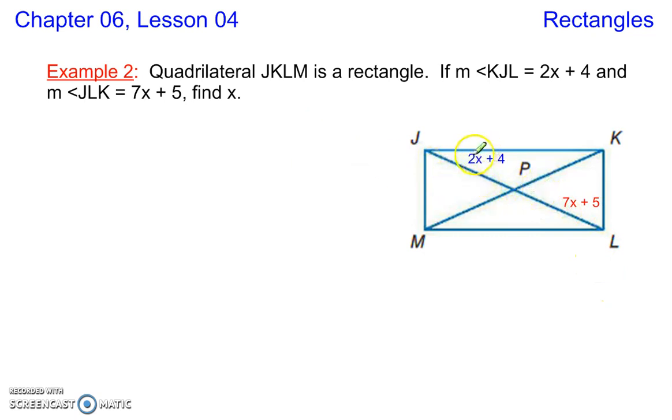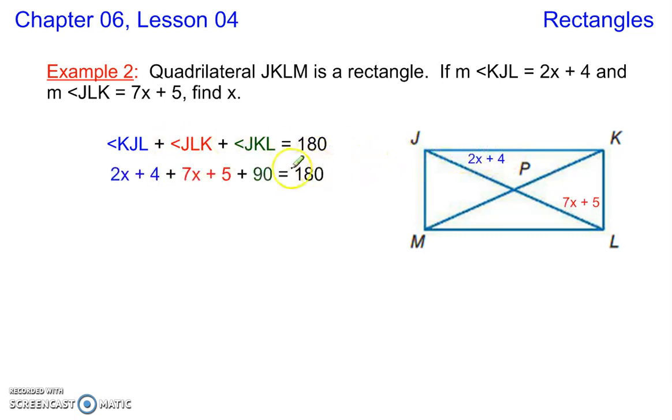Now there's several ways you can solve this. One of the ways is we can look at this as a triangle, and we know that this is a rectangle, so we know that this angle up here is 90 degrees. So we know that these 3 angles together add up to 180 degrees.